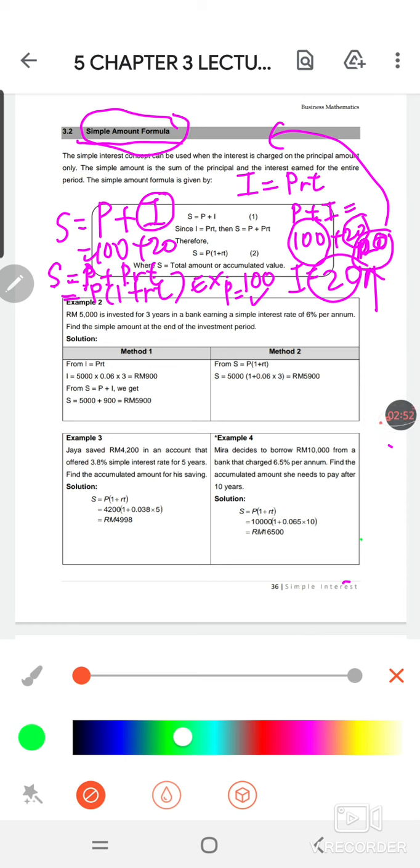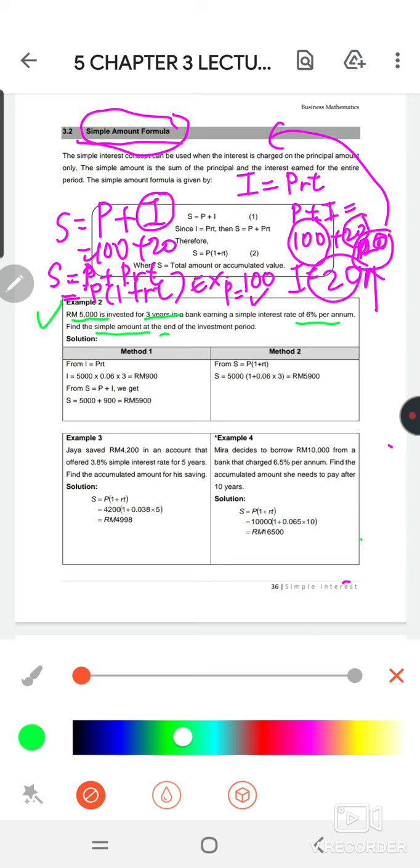Okay, so let's discuss example 2. RM5,000 is invested for 3 years in a bank earning a simple interest rate of 6% per annum. Find the simple amount at the end of the investment period.